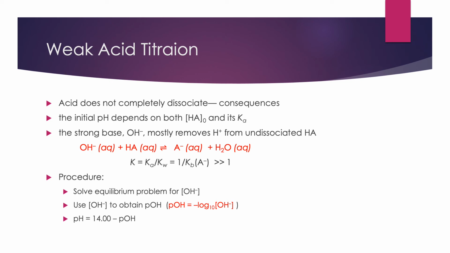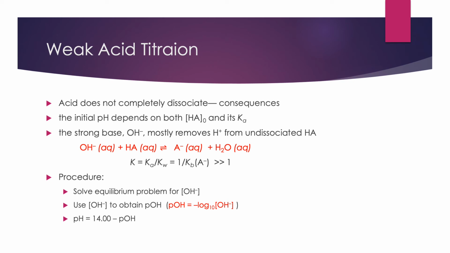If I write the equation for that reaction, I take OH- reacting with HA, both in aqueous solution, and I'll get the conjugate base of the weak acid and water. I can see from my mathematical equation below that the equilibrium constant is going to be the weak acid dissociation constant divided by the water autoionization constant.